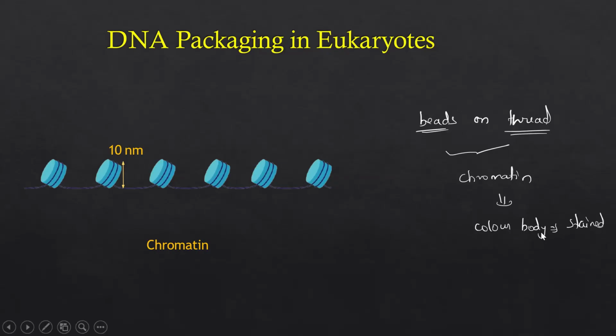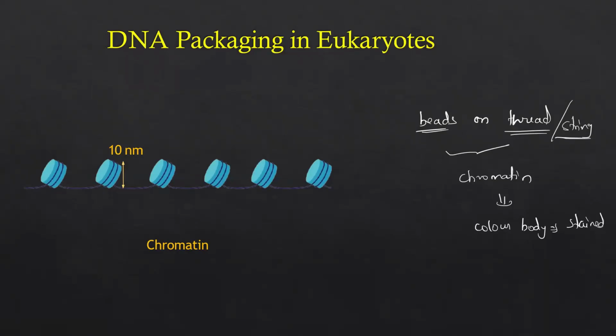And remember, the diameter of this chromatin is 10 nanometers, in case some question comes on that. Just remember, it gives a string appearance under the electron microscope. On this string, there are beads present, which are nucleosomes. So it's called beads on thread or beads on string. Both are the same. Is that clear?